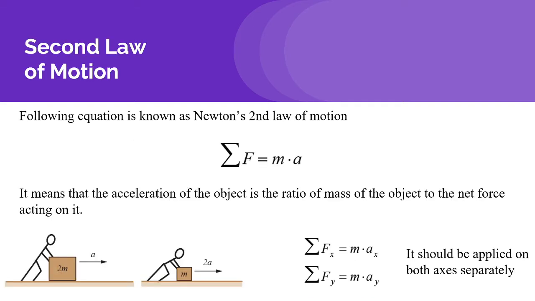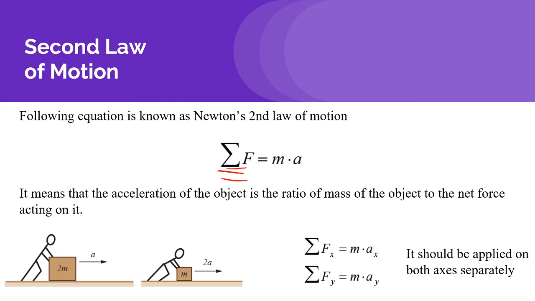Alright, the second law is basically this simple equation, F equals ma, or total force equals mass times acceleration. It basically means more force will accelerate the object more, but as the mass increases, the acceleration will decrease.